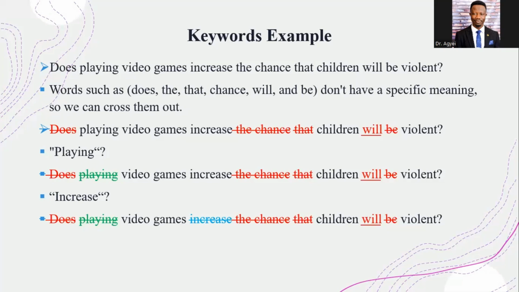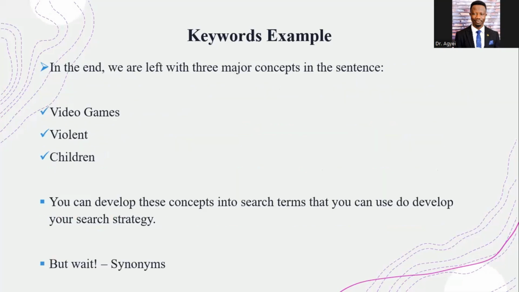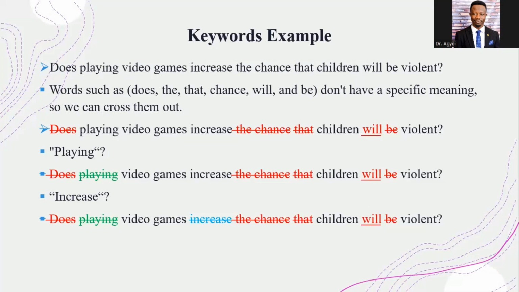So any article that has the word decrease, the database will never output for you. All the articles you'll be getting will be articles that look at how video games increase children violent or something like that, and you will not be able to get the opposing view articles, for you to be able to do your proper search. So you also need to cancel out the word what? Increase.